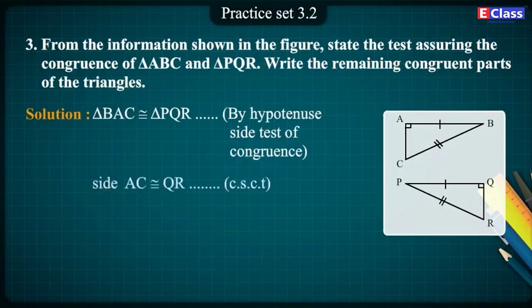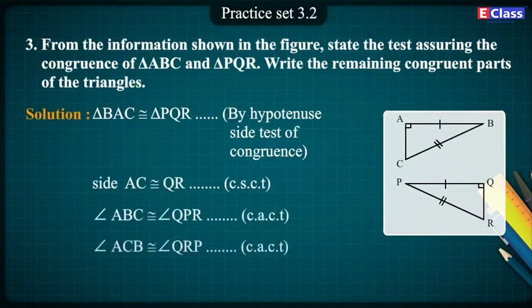Side AC is congruent to side QR by CSCT. Angle ABC is congruent to angle QPR by CACT. Angle ACB is congruent to angle QRP by CACT.